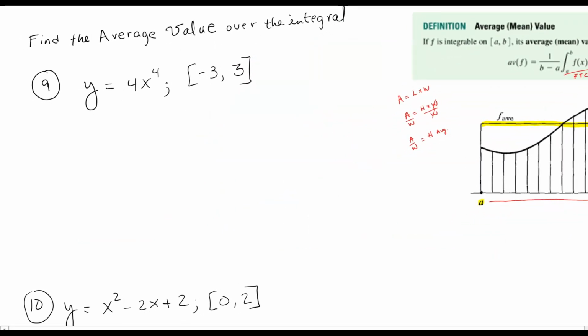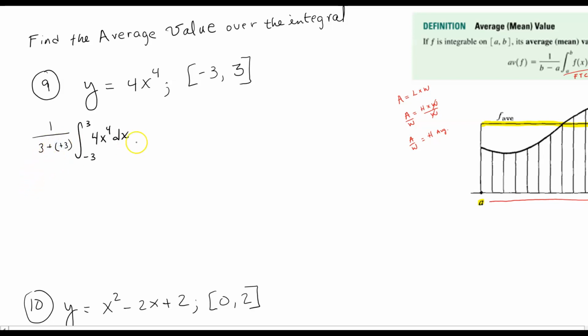Find the average value of the integral. So what we first have to do is we have to integrate it. 4x to the 4th dx from -3 to 3, and I'm going to take the average value, so 1 over b minus a. So 1 over 3 minus -3.